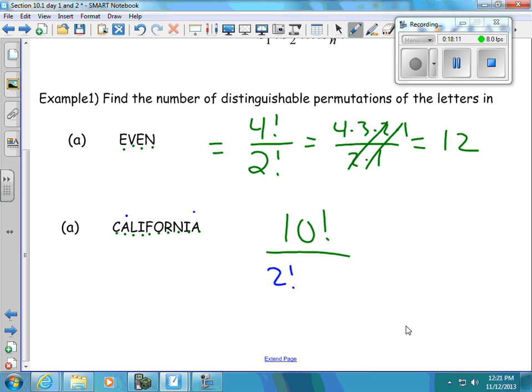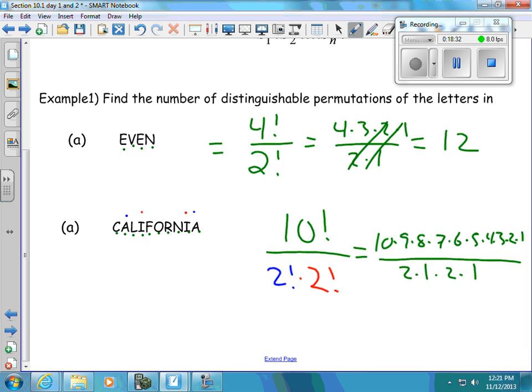Looks like I repeats twice. So another 2 factorial. And I don't see any other letters that repeat. So this ends up being 10 times 9 times 8 times 7 times 6 times 5 times 4 times 3 times 2 times 1 over 2 times 1 times 2 times 1, which would be just 4. You could cancel it out that way.